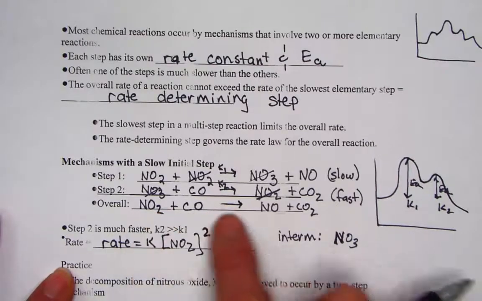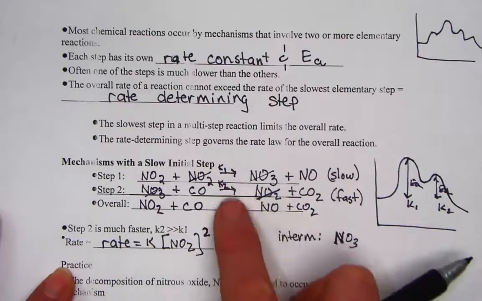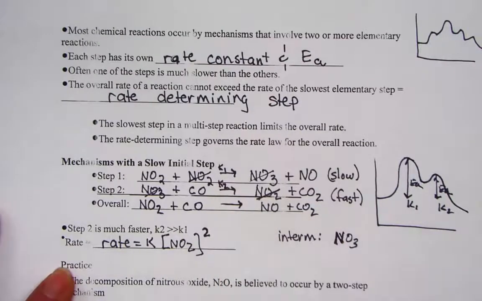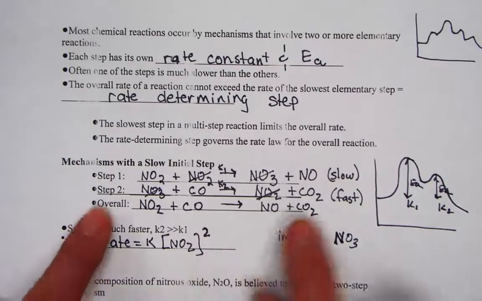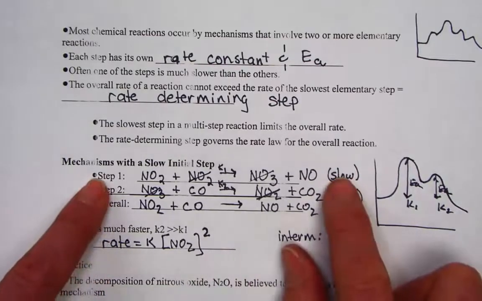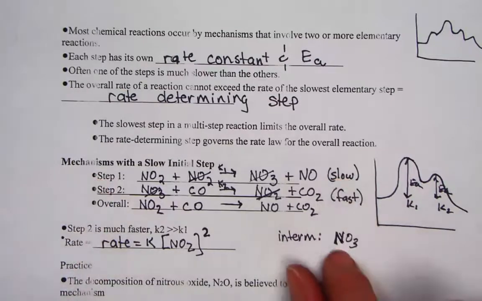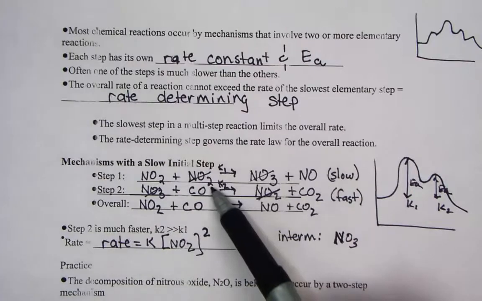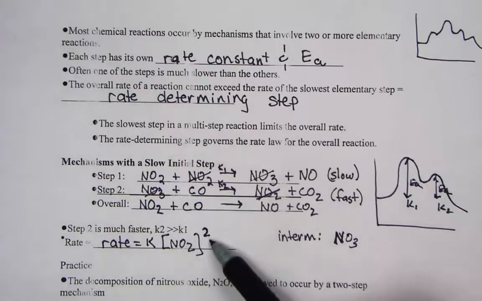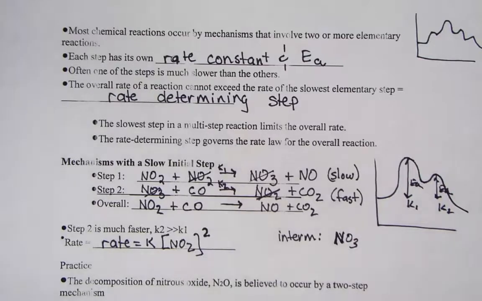Even though it's in the overall equation, it was not part of my first elementary step. The observed rate law for a reaction comes from the slowest elementary step from your proposed mechanism. When I proposed NO2 colliding with a molecule of NO2, I'm proposing a bimolecular rate law with respect to that reactant NO2.